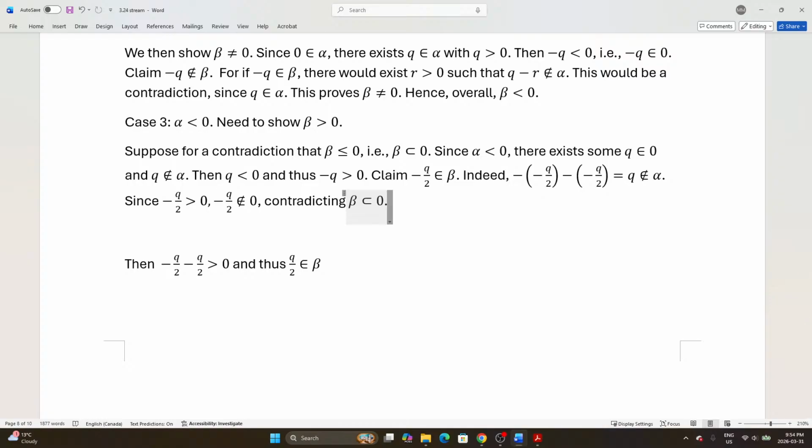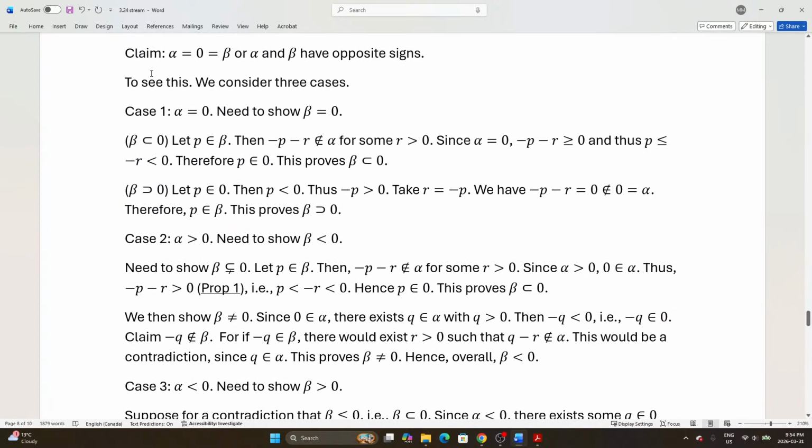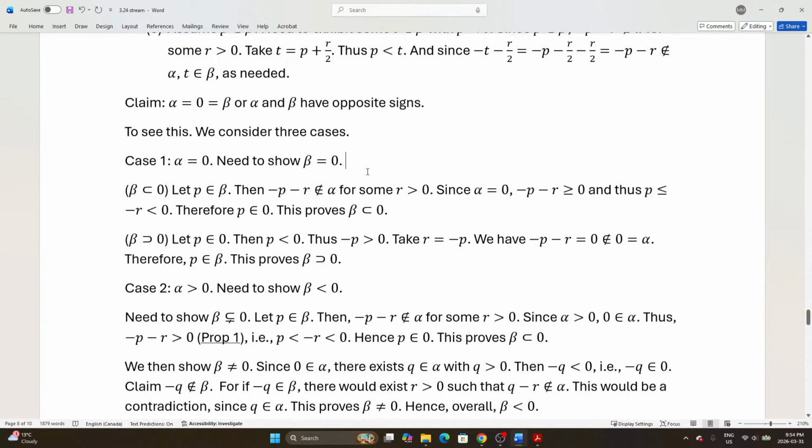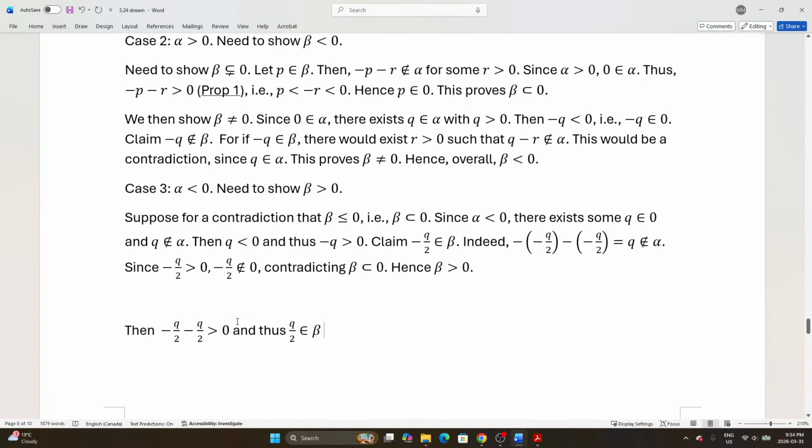Hence, beta is positive. So yeah, this proves the claim: either alpha equals beta, or alpha and beta have the opposite sign. So this is done.